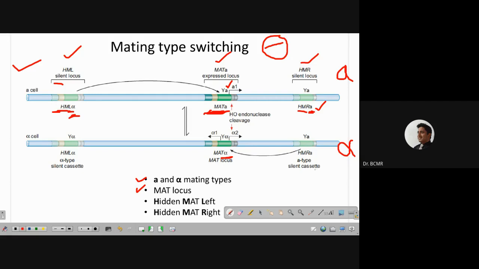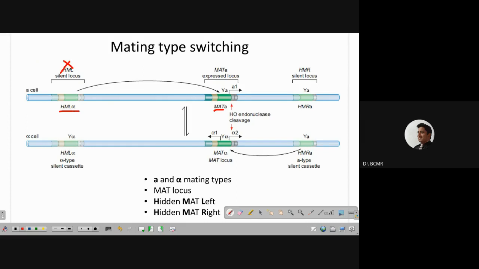I hope you understood. I'll try to quickly review that again. So there are three regions in all yeast cells. Here is the MAT locus, that is the only expressed one of those three. You have HML alpha, that is hidden MAT left, which has the alpha genes, but it's not expressed. And you have HMR A, which is also not expressed.